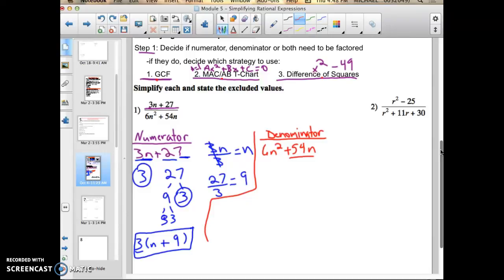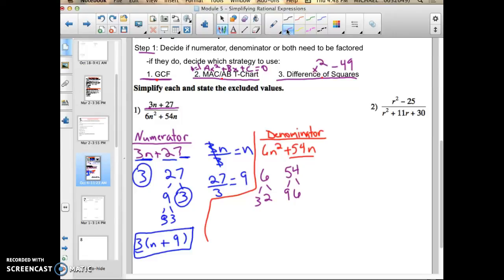And something that jumps out at me initially is that they both have an n. So that's another clue that I could probably factor this by taking the greatest common factor, because at least they have an n in common. So I need to find the GCF of the numbers. So I'll do 6 and 54. 6 breaks down into 3 and 2. 54 breaks down into, let's see, 9 and 6.